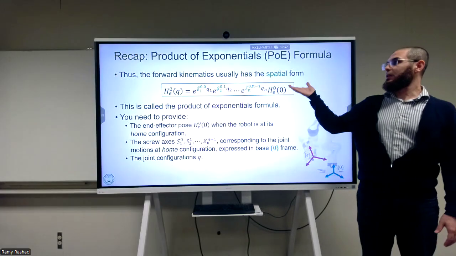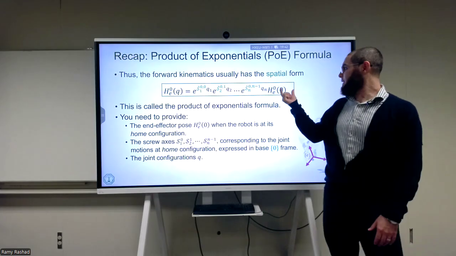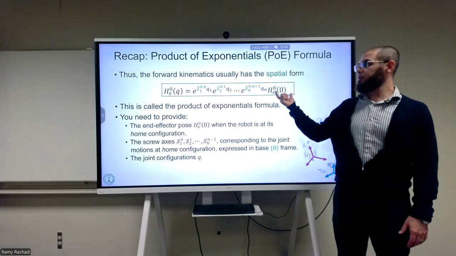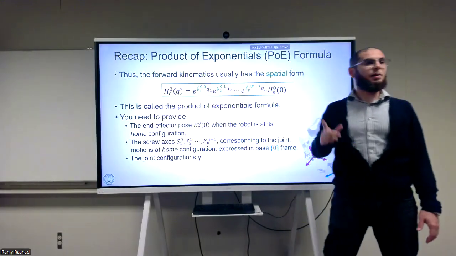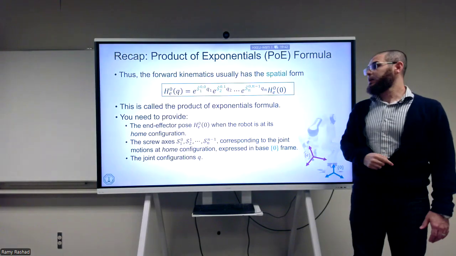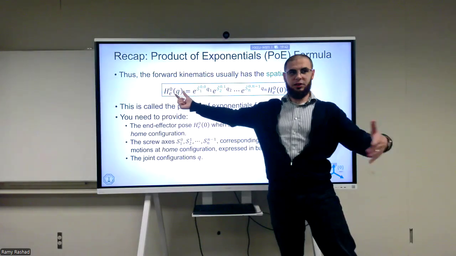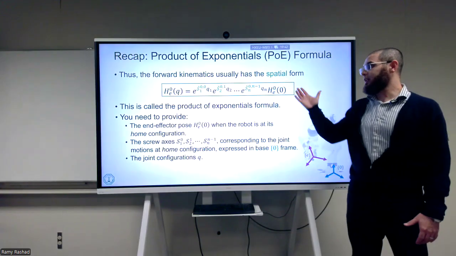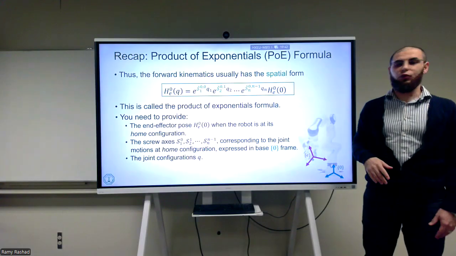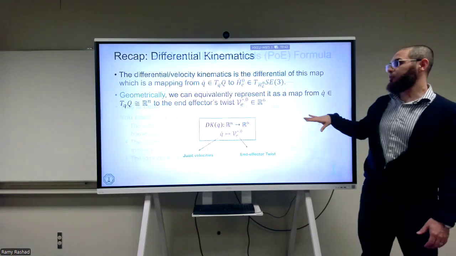And we said that the product of exponentials formula will allow us, given the home configuration pose and all of these screw axes represented in the base frame at the home configuration, and given the current configuration that you want to calculate, to just plug into the product of exponentials formula and it will solve the forward kinematics for you. So it's just one line, provided that you have this piece of information.